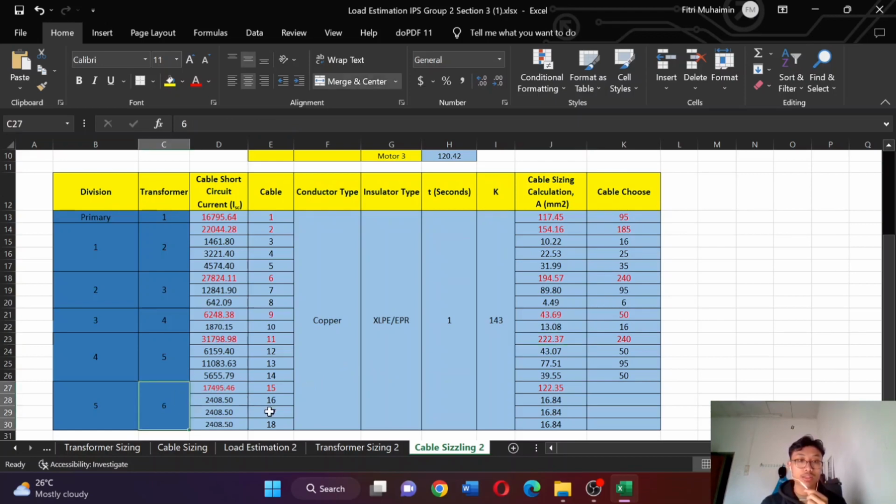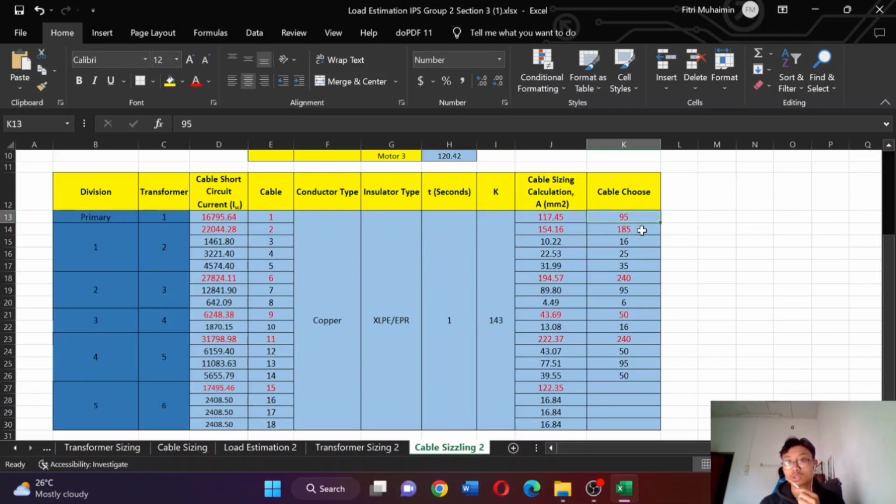For transformer 6, we don't choose any size of cable, because this is for the calculation of load estimation and transformer sizing only. So we can say that the cable sizing is the same, with the additional just for transformer 6.